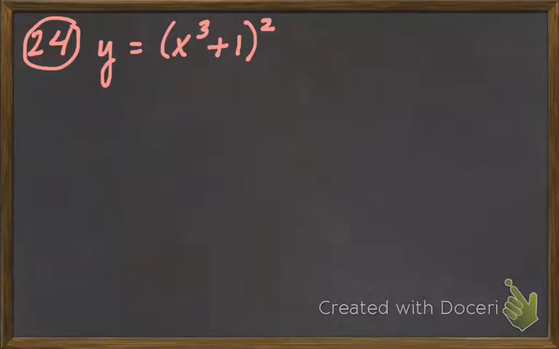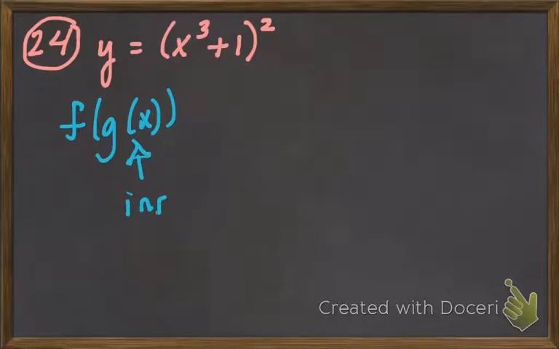And on 24 and 25, these are super simple and students find them very confusing. You're to find f of x and g of x so that we can see this function as f of g of x. So in other words, g of x is our inside function and f is our outer function.